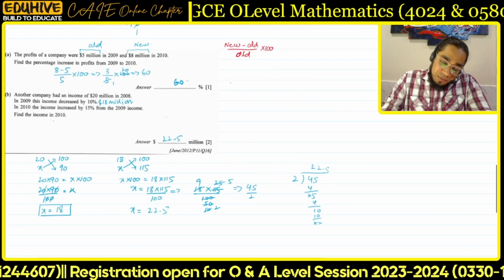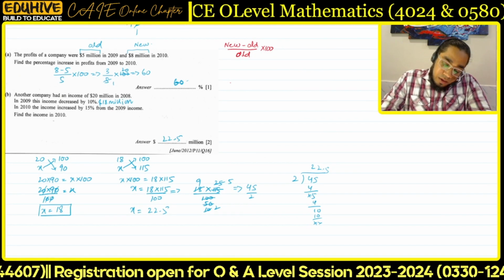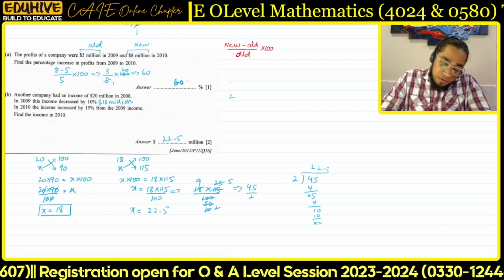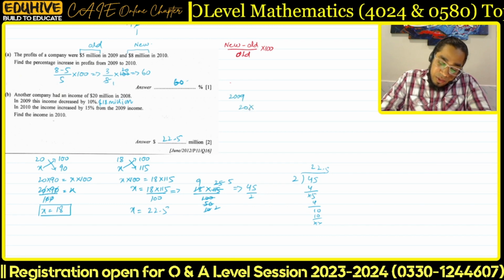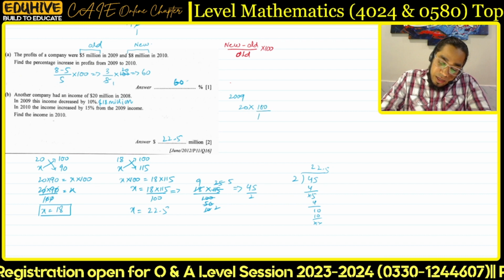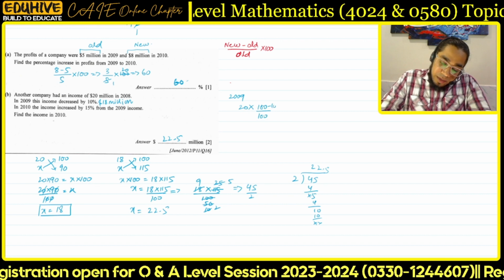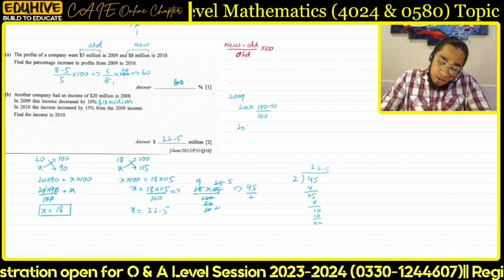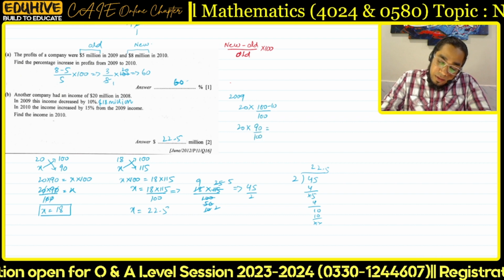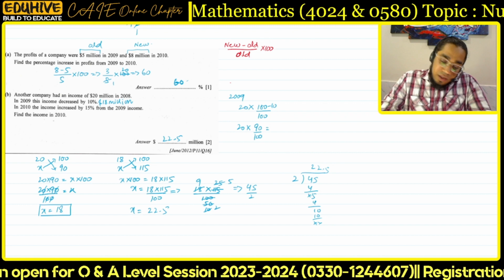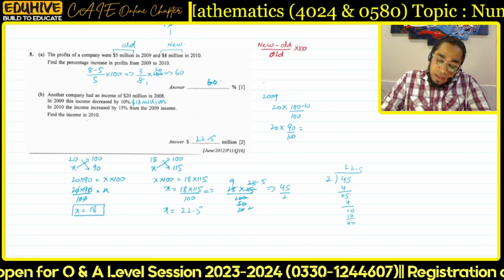Method number 2. Okay. So if I follow that formula, for 2009, I'm going to decrease the amount by 10%. So I will solve this by 90 over 100. New minus old divided by old. No, we cannot solve the question by this.